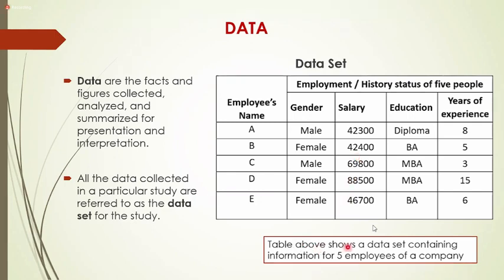The above table shows a data set containing information for 5 employees of a company. So if we're looking at employee A, then what is the gender of employee A? Male. What is his education? Diploma.